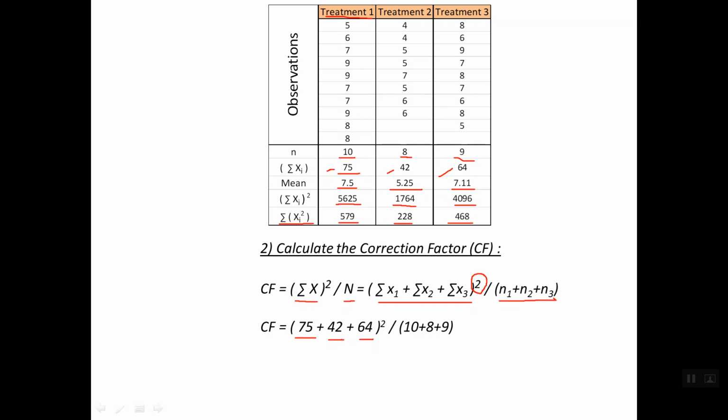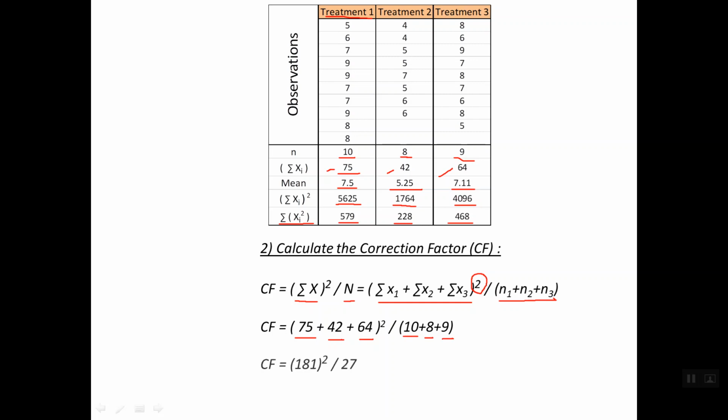So we make the summation of these observations, square it, then divide by capital N, or the total sample sizes. For treatment 1 we have 10 observations, for the second one we have 8, and for the third one we have 9 observations.